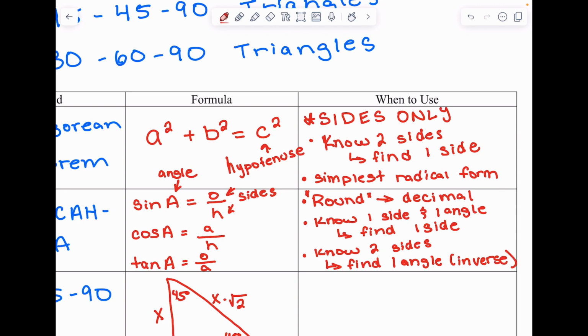And so those are our cases of using SOHCAHTOA. We know 1 side and 1 angle, and we're trying to find the other side, or we know 2 sides and we're trying to find a missing angle, and in that case we would use inverse. And also make sure that the problem is okay with a decimal answer.